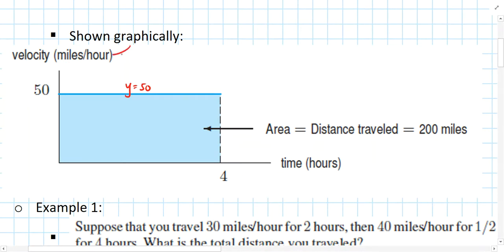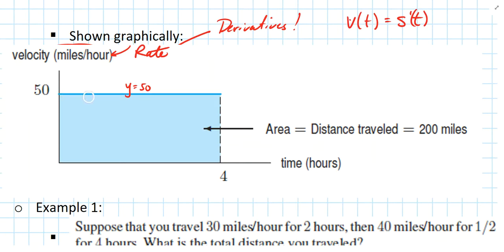And by the way, not sure why my ink isn't showing up here. Miles per hour is a rate, and rates, as you recall, are derivatives. That's kind of interesting. So we've got the graph of a derivative here, y equals 50. Recall that velocity is equal to the derivative of position.